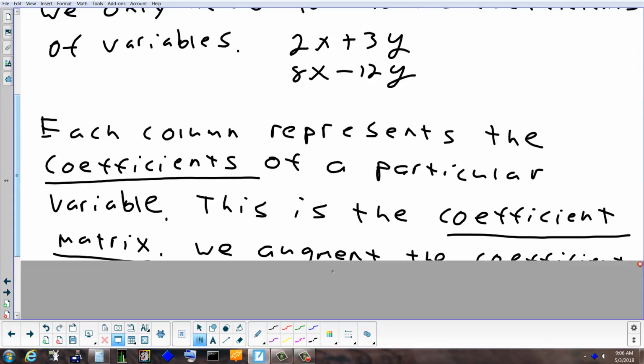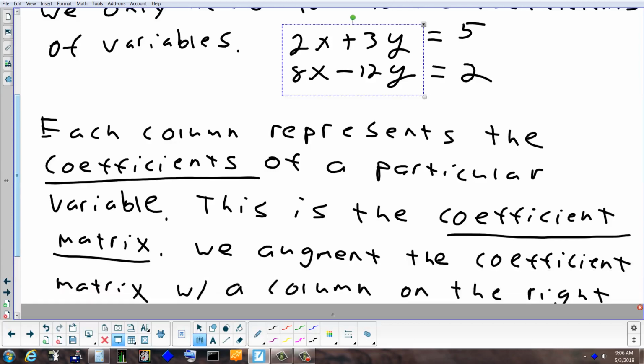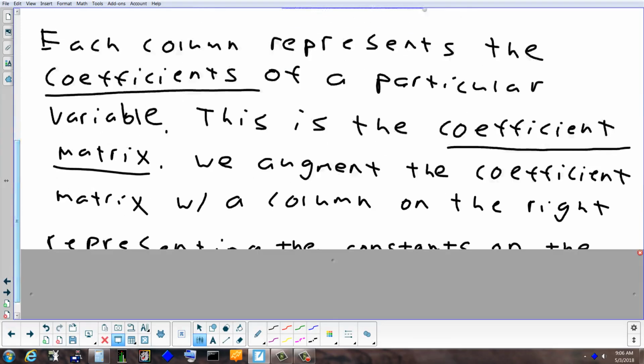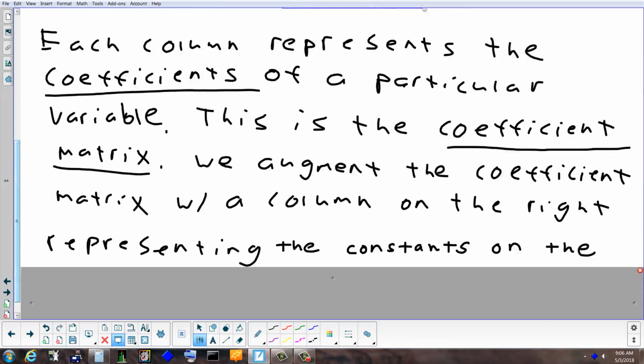But we have to add something onto the matrix that represents the two numbers on the other side. So once we put these 4 numbers in the matrix, we're going to add one extra column to it with a 5 and a 2. That represents the constants on the other side of the equal sign.